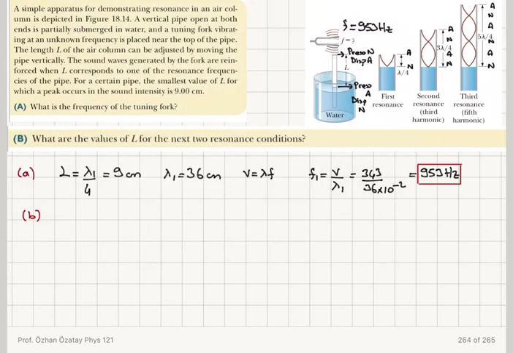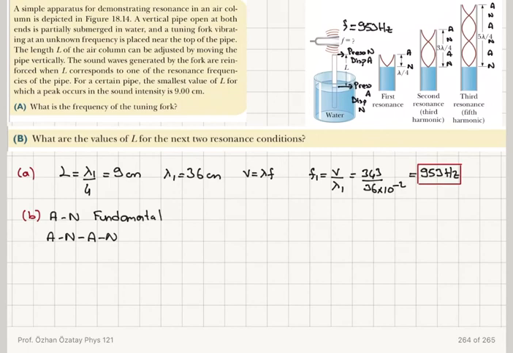What are the values of L for the next two resonance conditions? So here I have answered part A. In part B, I'm going to change the L and try to get the next two resonance conditions. So as we said, AN is the fundamental mode.